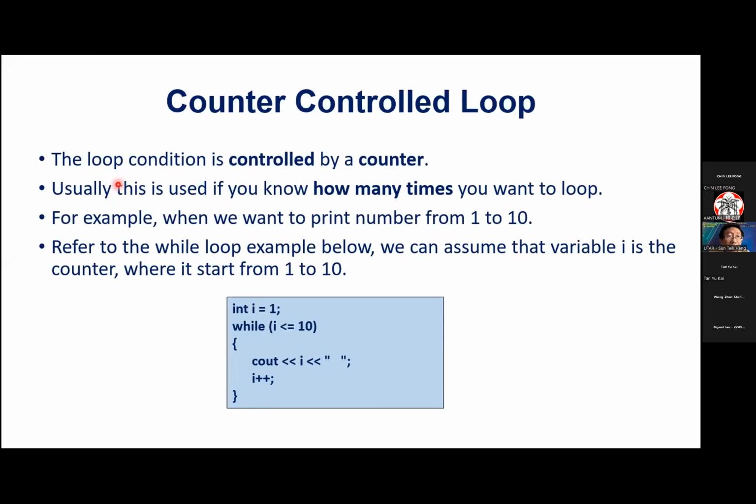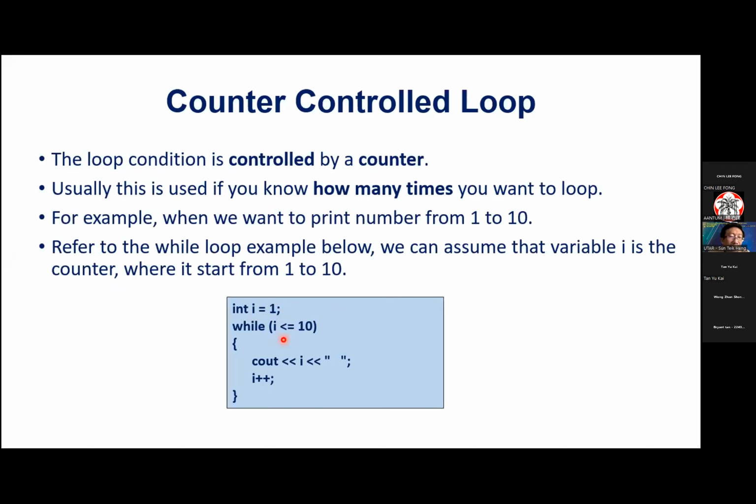In this case here, it is a counter control loop. For a counter control loop, you can see that I will act as the counter. The condition that we are checking is that the value in the variable I must meet the condition.